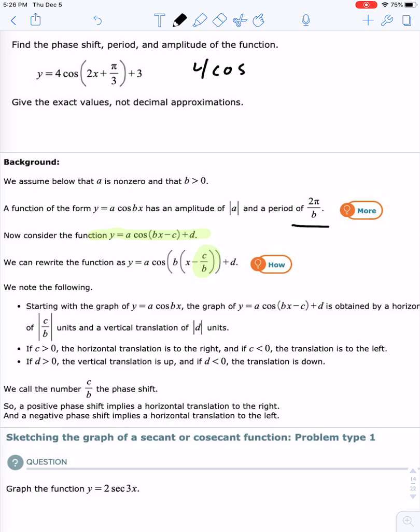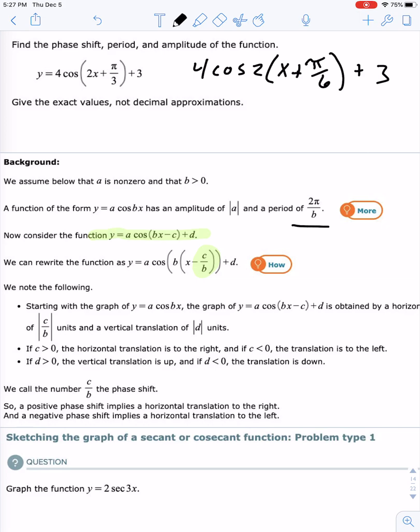So 4 cosine 2, and now we're left with x plus, pi over 3 divided by 2 becomes pi over 6. To check that, 2 times pi over 6 is pi over 3, so mathematically we are correct. And then we also have a vertical shift of plus 3. The question didn't ask for that, but it's always good to know how to do that as well.